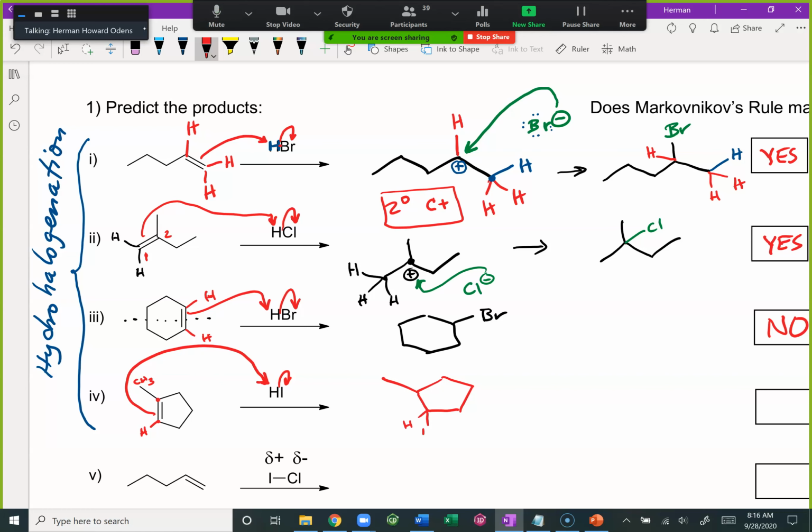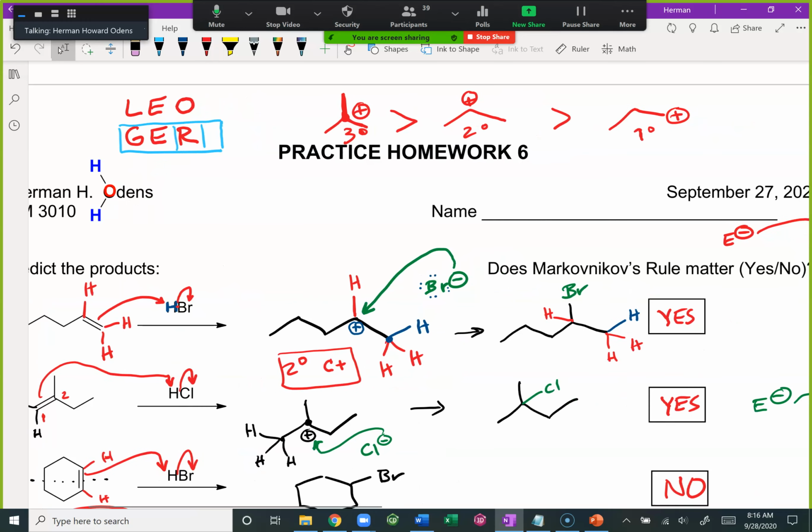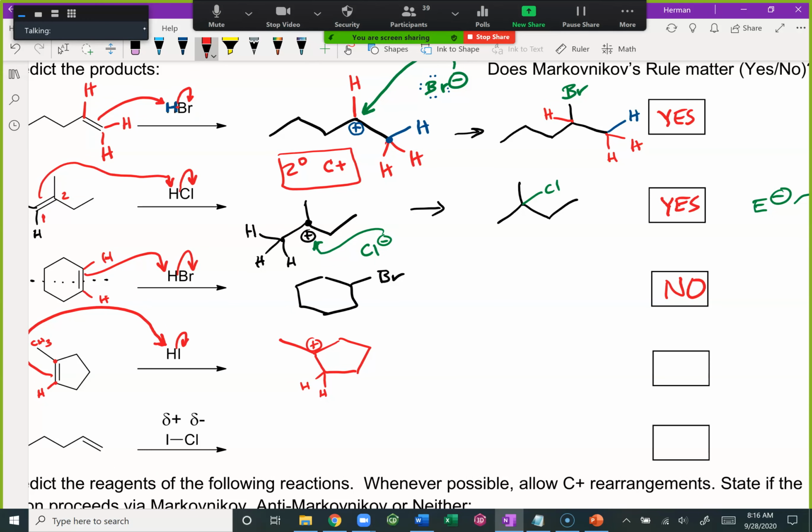I'll have this first thing form, and then notice that now here I have formed a carbocation. This carbocation, is it tertiary, secondary, or primary? Anybody? What do you see on this molecule here, this intermediate?